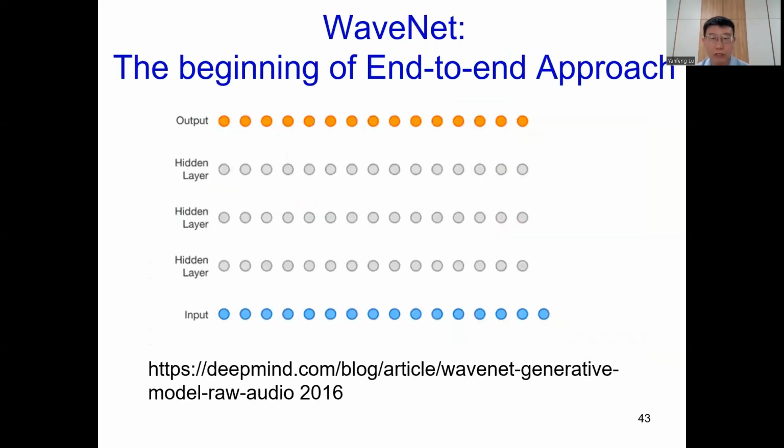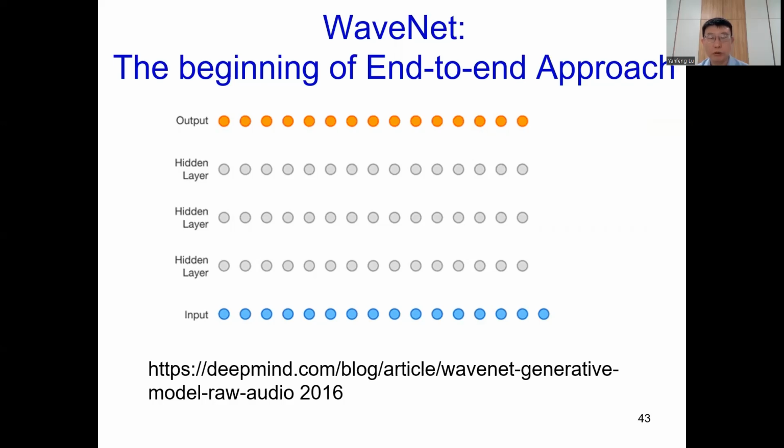Big progress was made with the invention of WaveNet. In all the traditional approaches, we have to model the acoustic features, because the number of samples in speech is very large. Normally we use a 16K sampling rate, which means that in a second, we have 16,000 samples to generate.